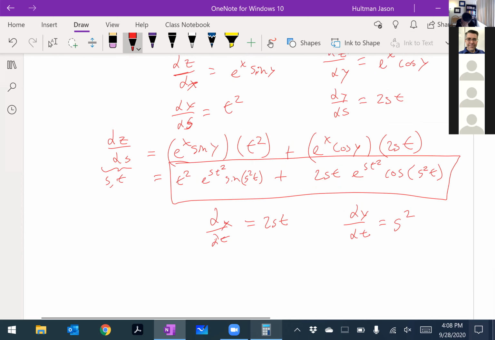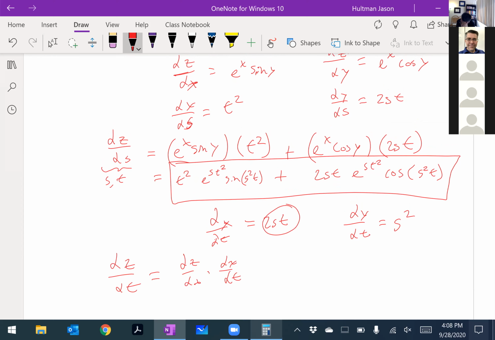So what's dz/dt? Well, dz/dt is going to be dz/dx, which is the same thing that we had here, times dx/dt, which is this thing here.